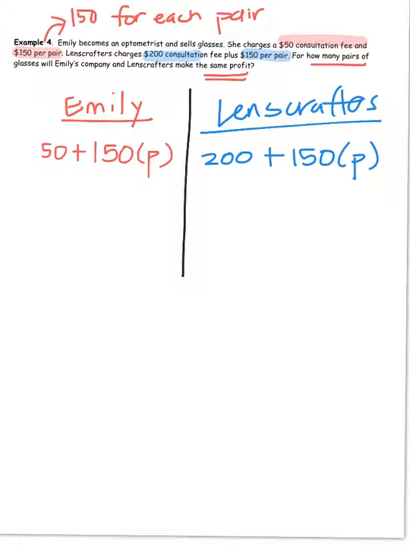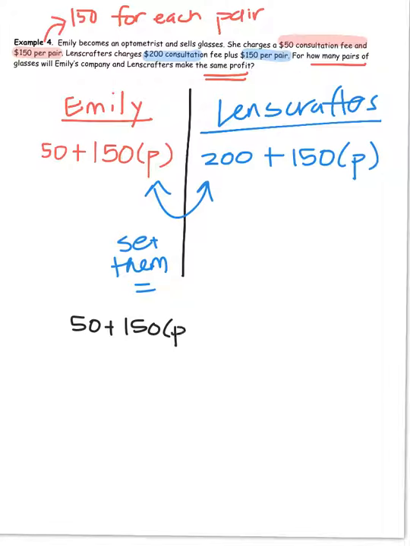Now, if we want to know when they charge the same profit, we are going to set them equal. And I'm going to do that below. 50 plus 150p equals 200 plus 150p.